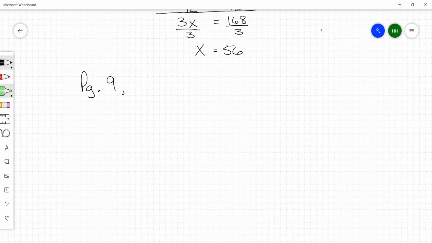Page 9, 1 through 8. Page 10, 1 through 6.